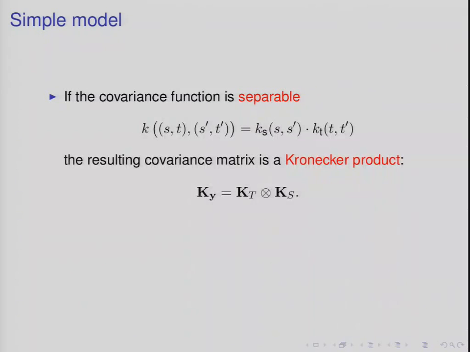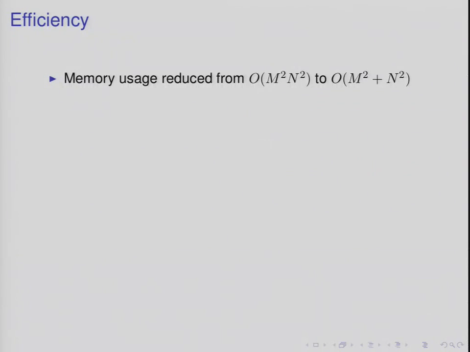This Kronecker product has nice properties. For example, if we don't compute the full covariance matrix explicitly, the memory requirements are reduced significantly because we can just store two small matrices, the temporal covariance matrix and the spatial covariance matrix.